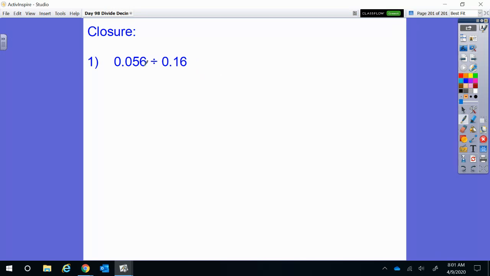All right, so that's 56 thousandths divided by 16 hundredths. I'm sorry, my bad again, I keep doing this. It's 56 thousandths divided by 16 hundredths.